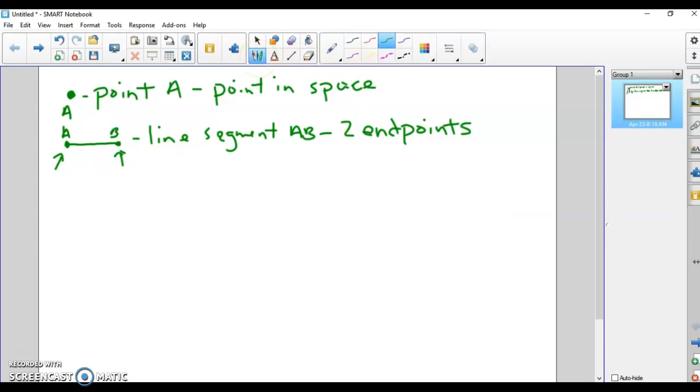Then the next one that's very similar, something that we're all familiar with, is that little guy right there. And this is just called a line. We could still call it AB.